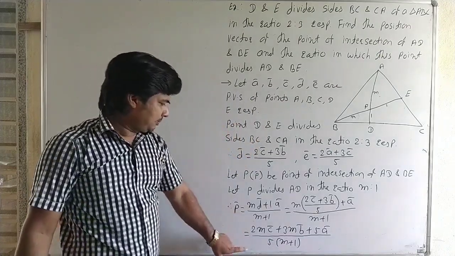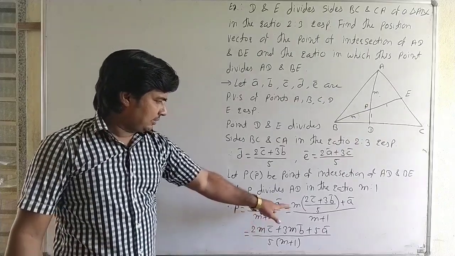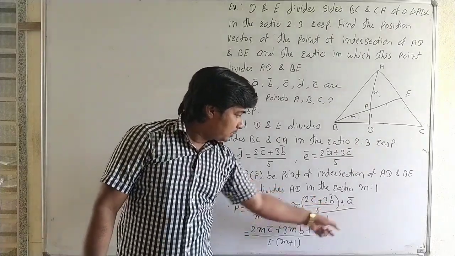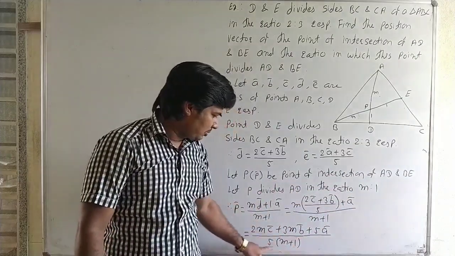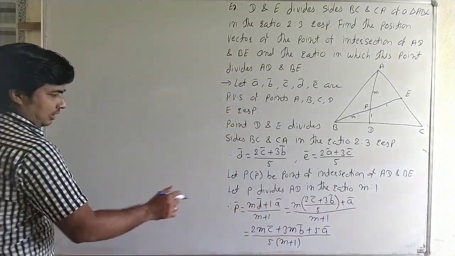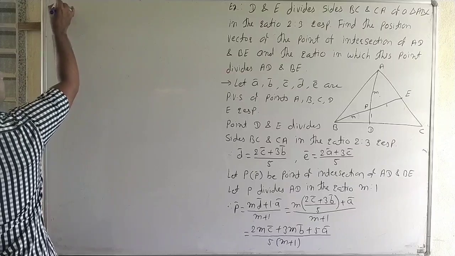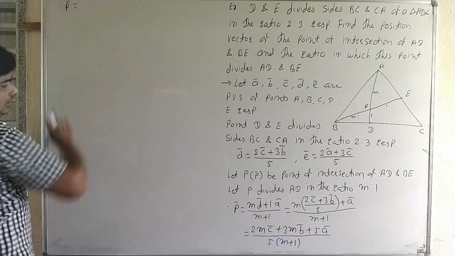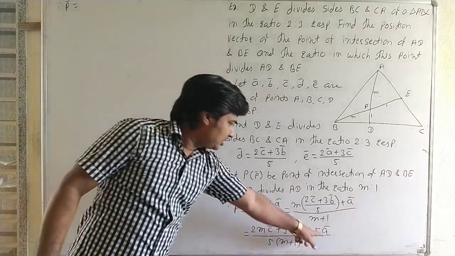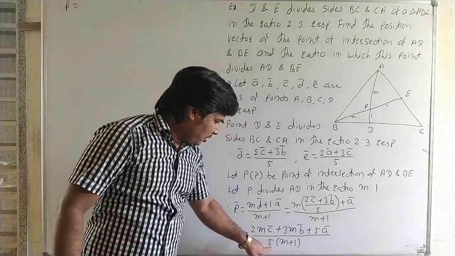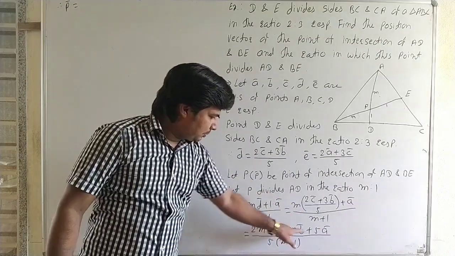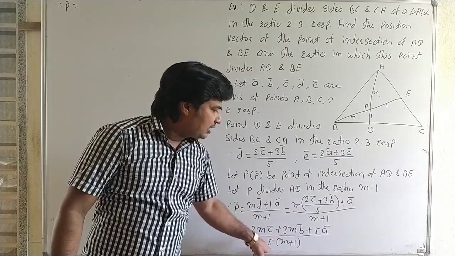Now we write the vector P bar in the form of A bar, B bar, and C bar. Divide this by separating the denominator.